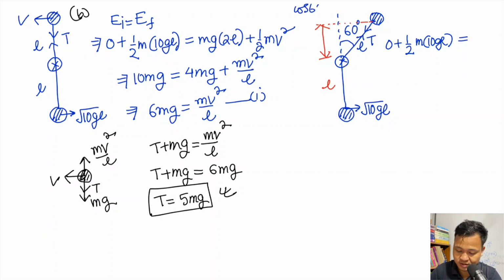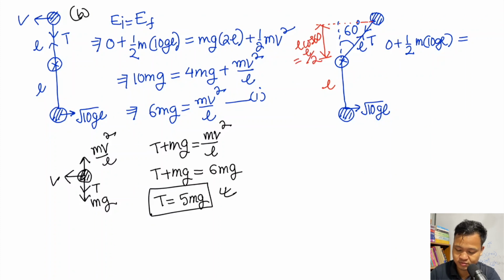Let's say this distance is h, so h divided by L. So h should be L cos 60, which is L by 2.